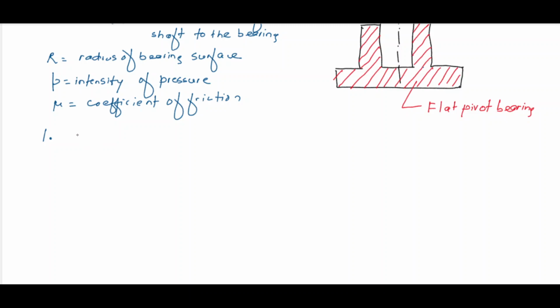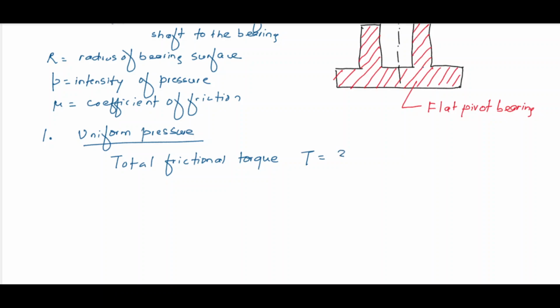According to uniform pressure, total frictional torque T is equal to 2 by 3 mu W R. I'm not going to derive this.